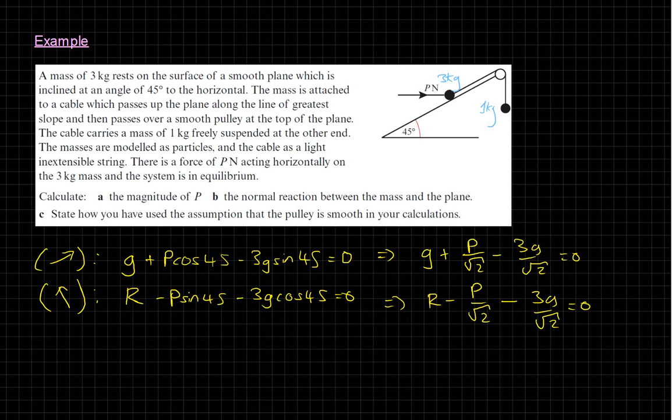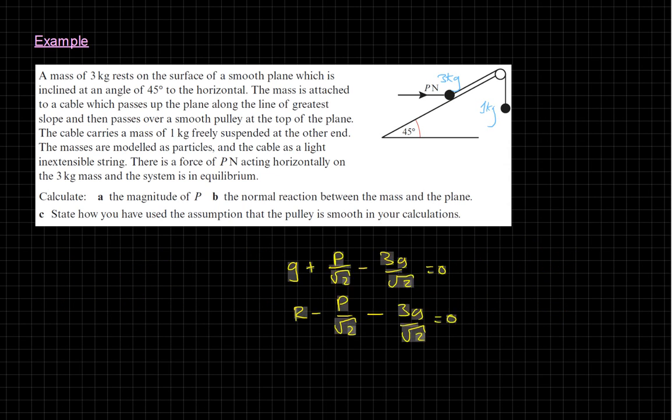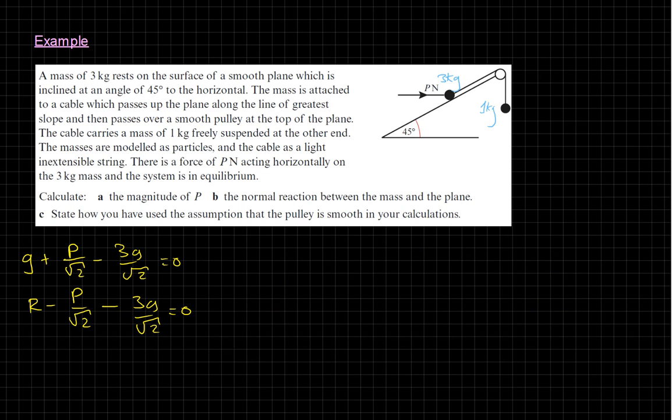Okay, now really at this stage you could probably solve this yourself. You've got two equations, two unknowns. So you can feel free to give it a go if you want to. Otherwise, I'll just quickly finish this off if I can. So I'm going to call that equation 1, that equation 2.